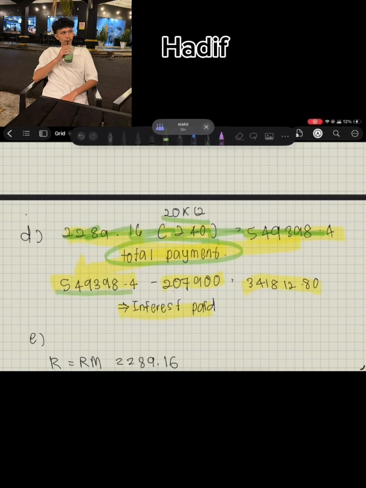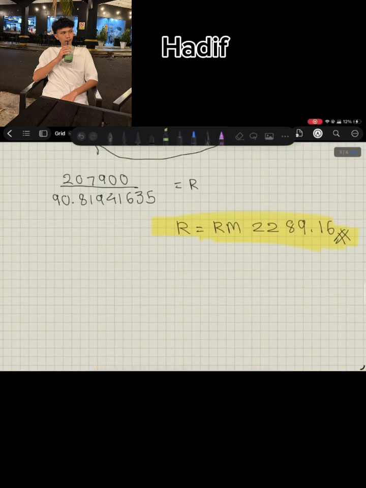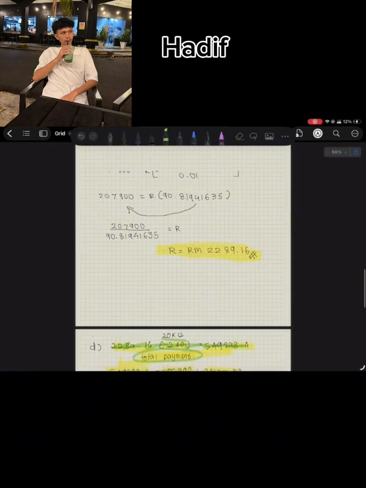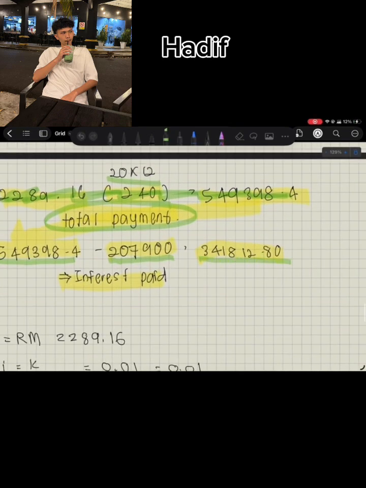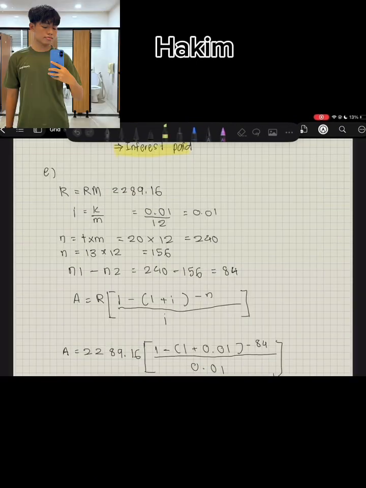For the interest paid, from this answer for the total payment, we minus 207,900 based on question C, and we get the interest paid. That's all from me.